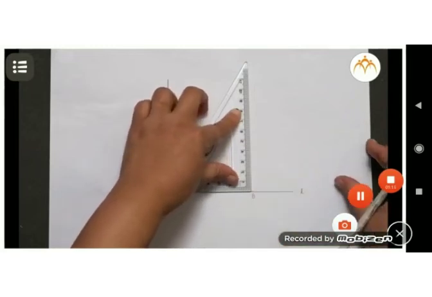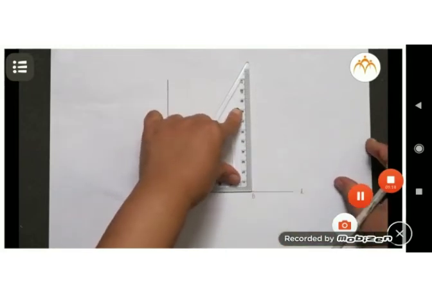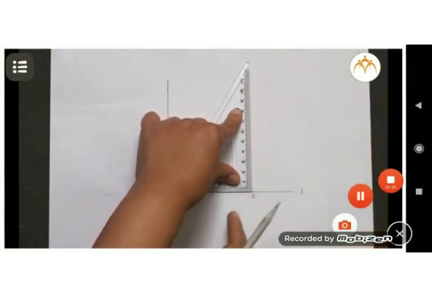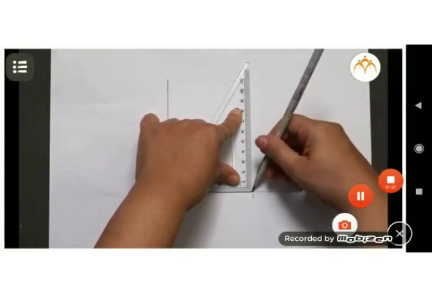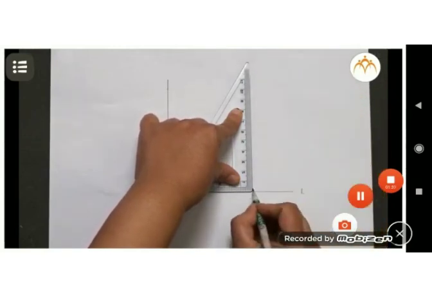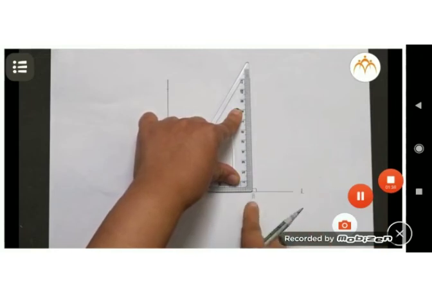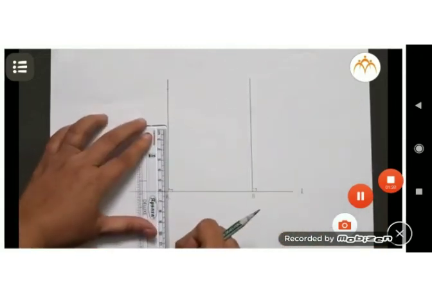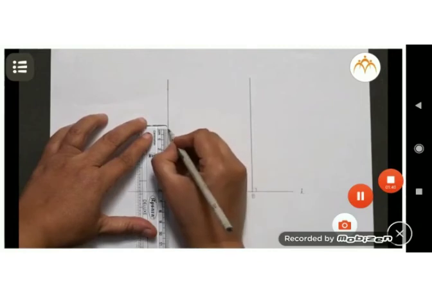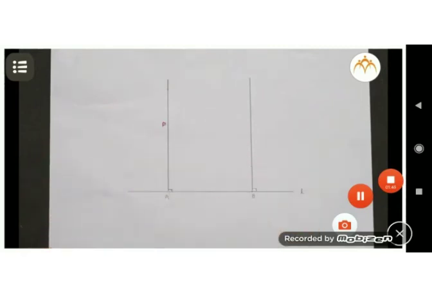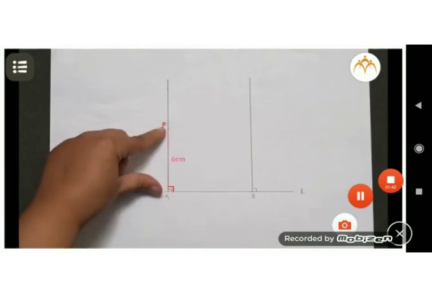We hold this set square tight in the position, and we can see that this edge is perpendicular to the given line at point B. Let us draw a line passing through the point B which is perpendicular to line L at point B. On this perpendicular line, we mark a point P at a distance of 6 centimeters from point A, such that PA is equal to 6 centimeters.